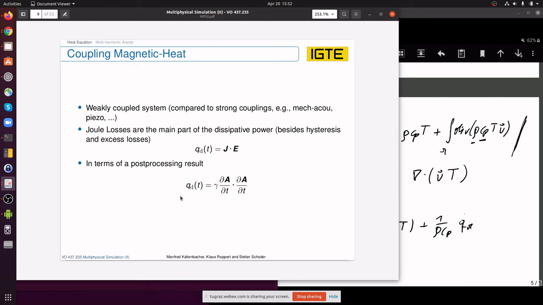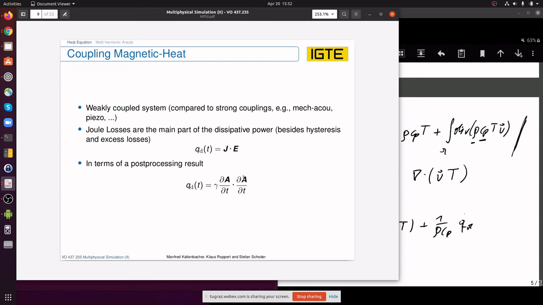Okay, so now let's continue with the coupling to the magnetics part. And as I've said, the dissipative losses, so the heat sources, the right hand side in our heat PDE or convective heat PDE, consist of eddy currents. And this is simply the time derivative of A, times the time derivative of A, scaled with electric conductivity.